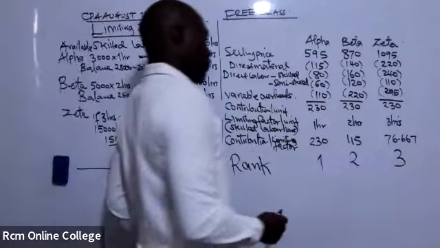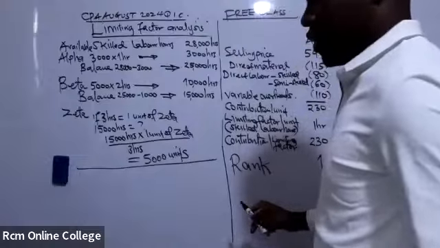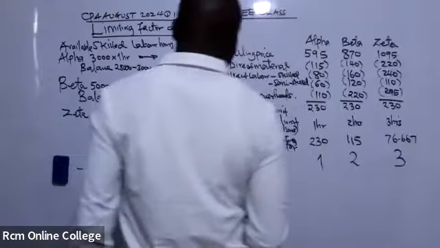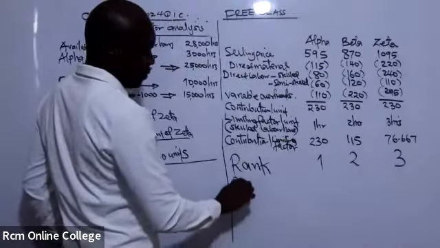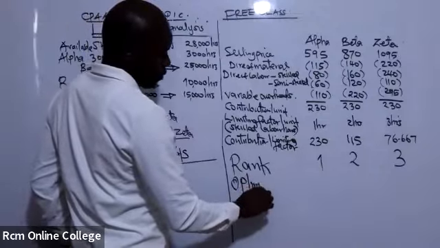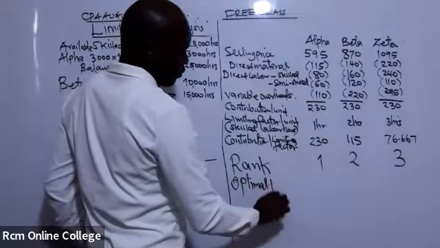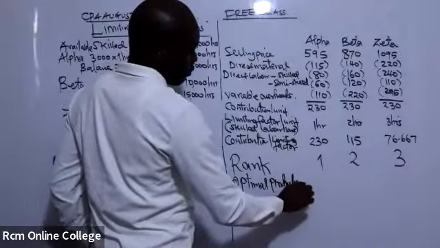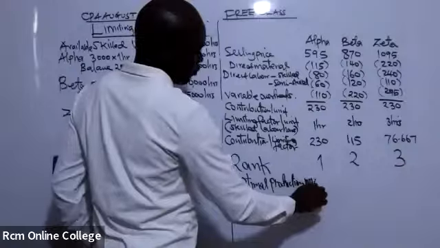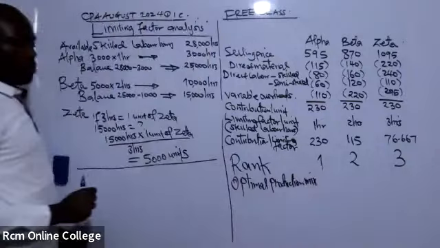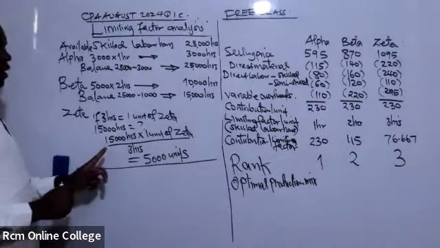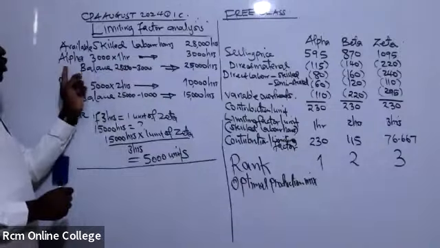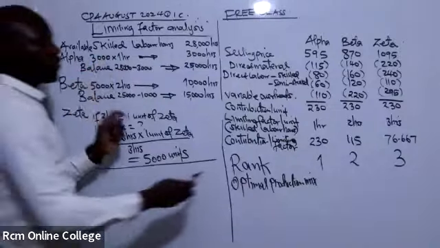So we were told to get the actual production, or what we call optimal production mix. The company will manage to produce all units of alpha, the 3,000 units.